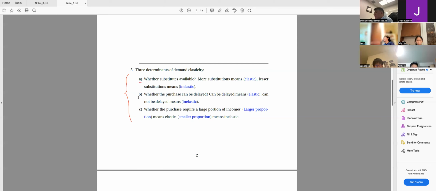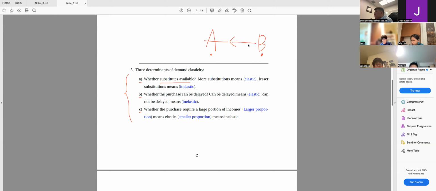Okay, so AP will test you on 3 factors, totally 3 factors. Number 1, ask yourself, if you want to buy something called A, based on your personal idea, is there some substitution good available?